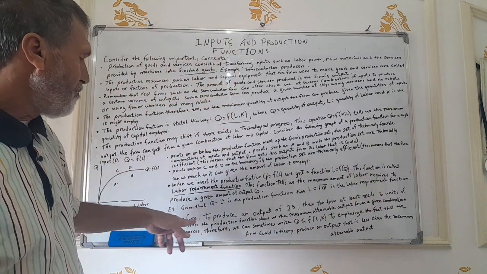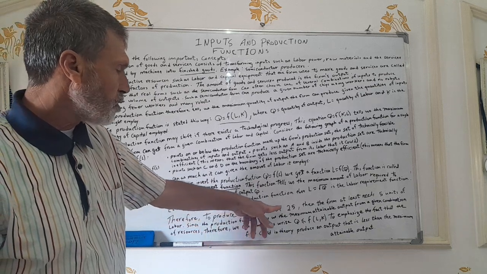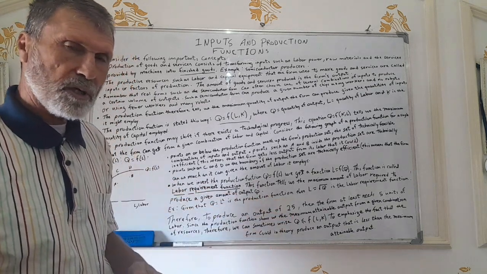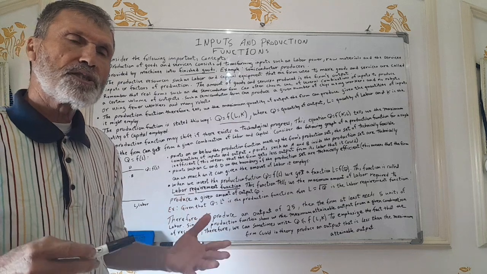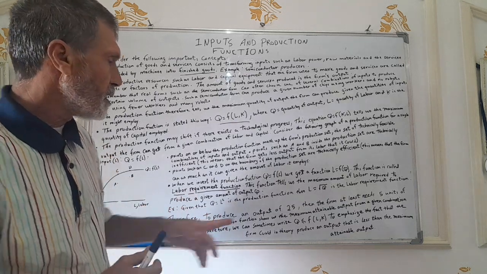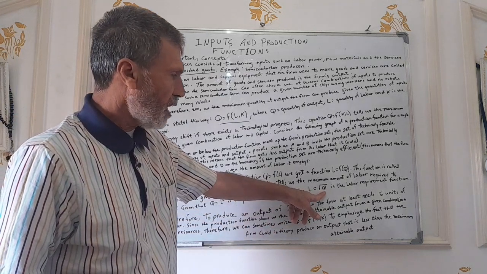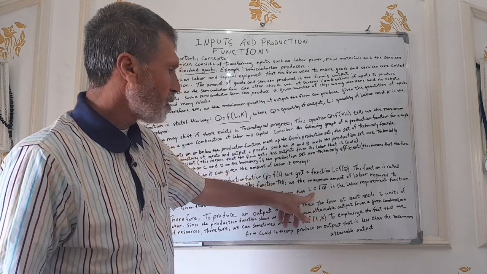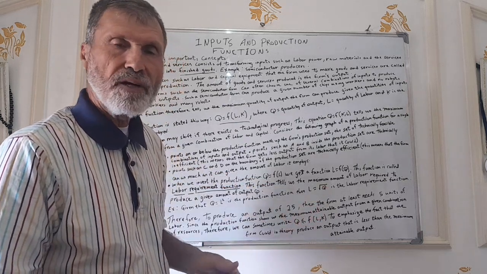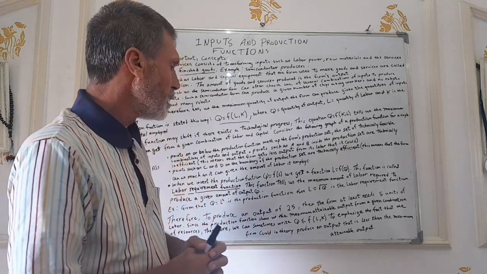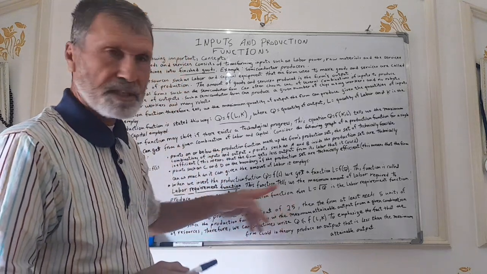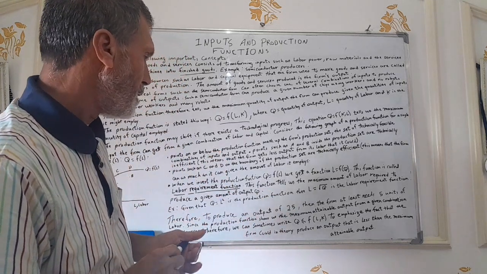Now, therefore, if we want to produce an output of 25, how many units of labor are required? We plug 25 under the radical, and we come up with L equals 5 units of labor required to produce an output of 25.